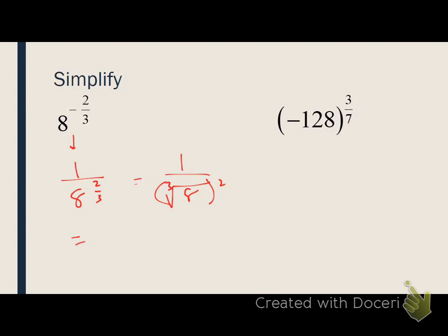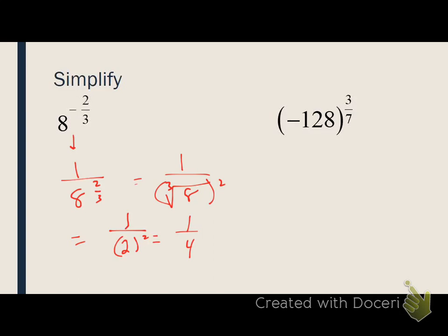The cube root of 8, if you don't know, you can always break it down into its factors. I'm going to stop doing that at this point and just say it's 2 squared and get 1 over 4. So 8 to the negative 2/3 power is simply 1/4.